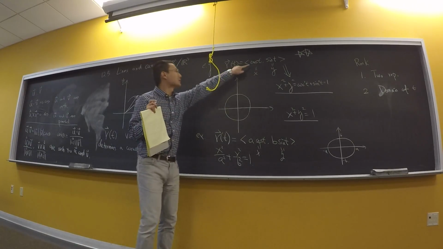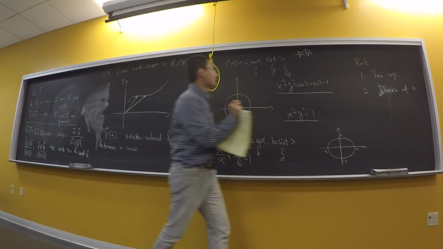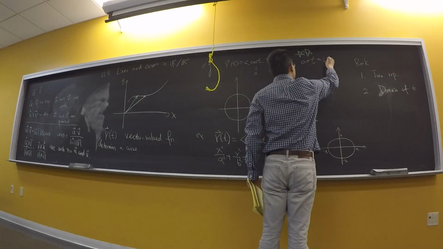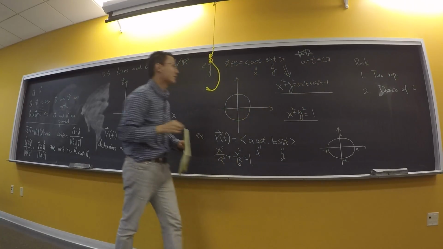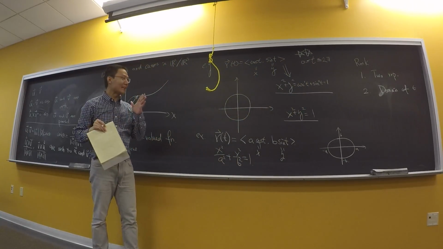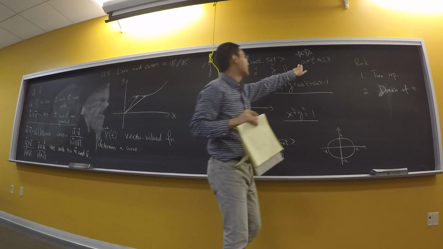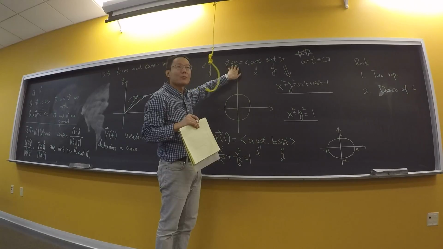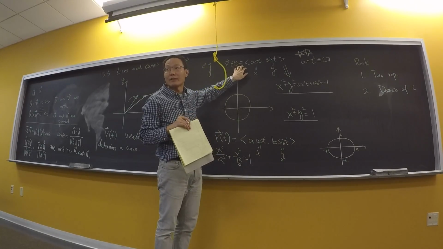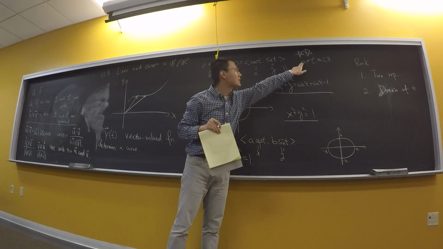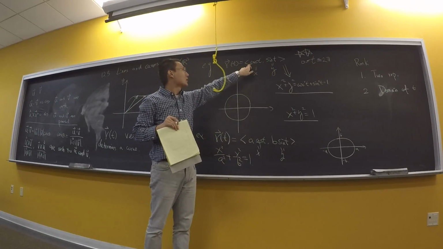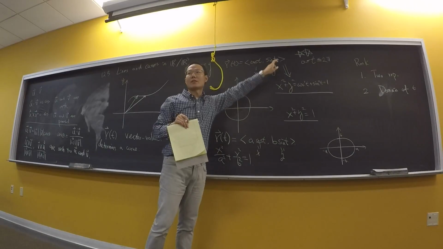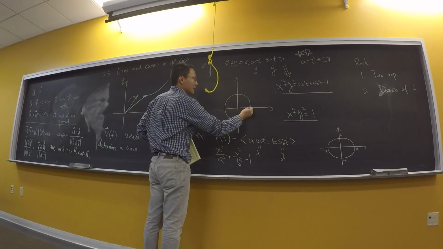For instance, here, if I go t from 0 to 2 pi, for any given t between these two values, I plug into these parametric equations and I will be able to find a point on my curve. For instance, if I let t equal 0, cosine 0 equals 1, sine 0 equals 0, so I'm at this point.